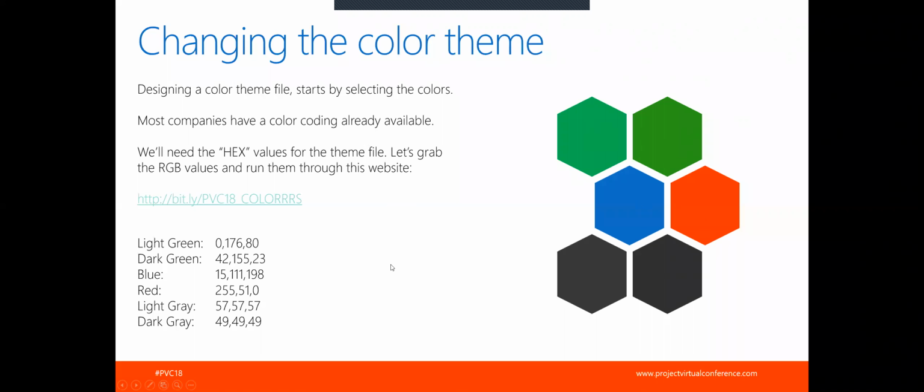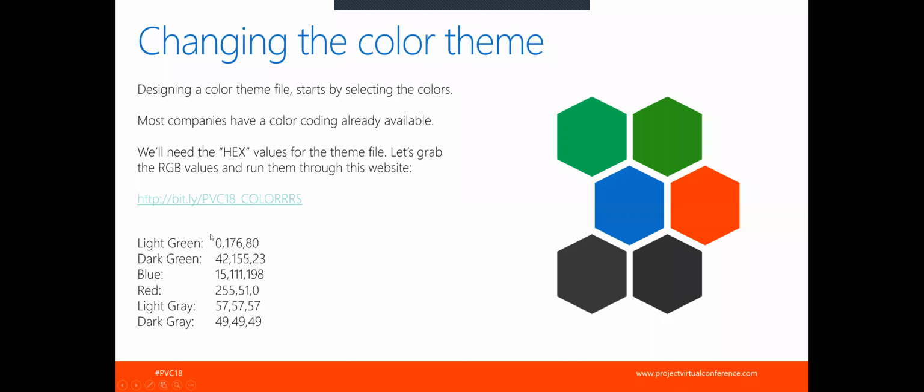And what we need to do is we need to get the hex values of the theme, because it doesn't work with RGB. So what we do is we're going to navigate to this page, and we're going to input some of these values, because I already have all the other values.